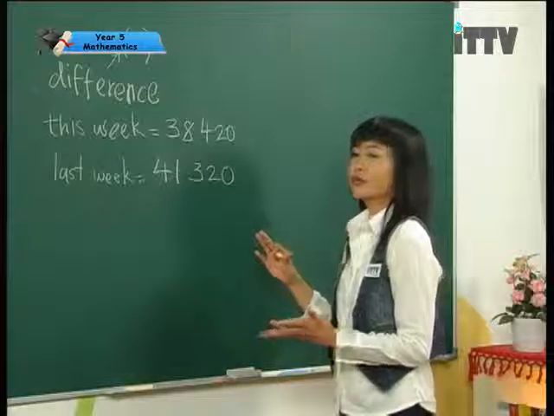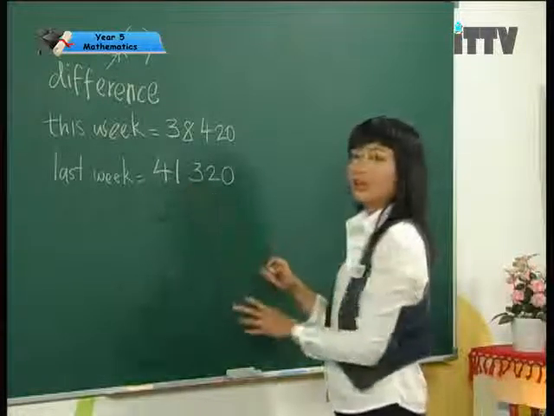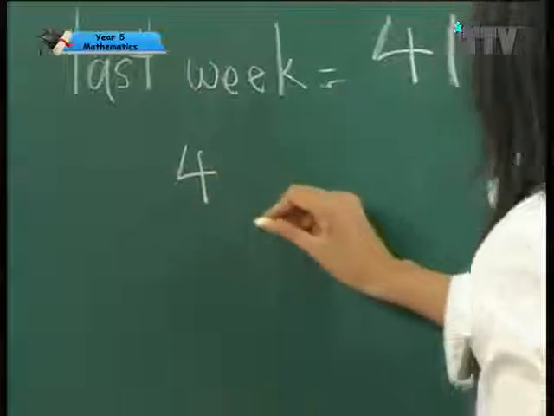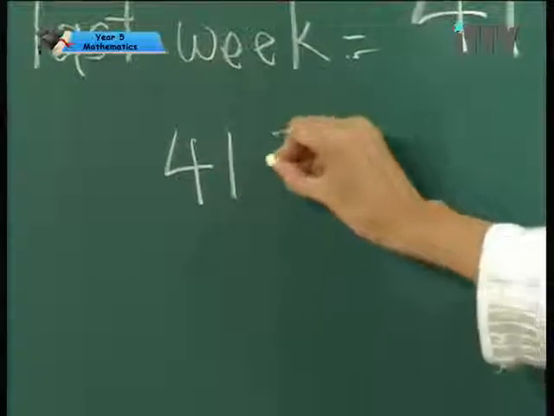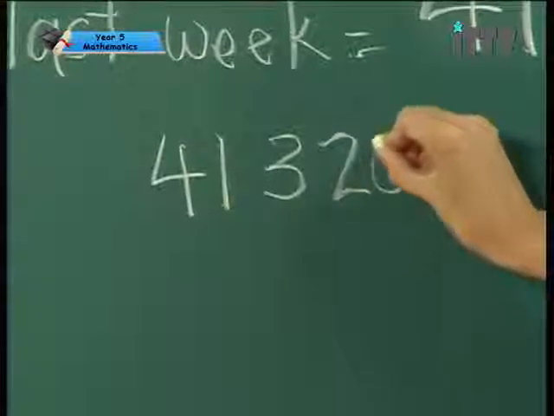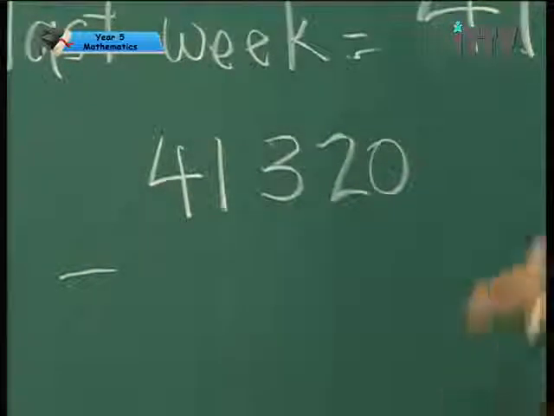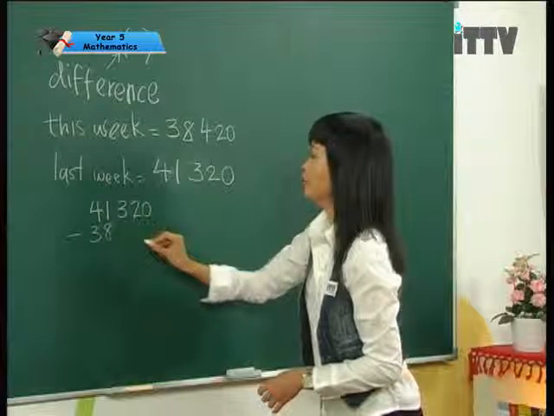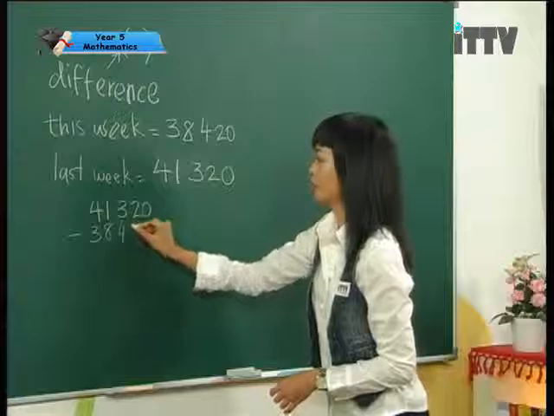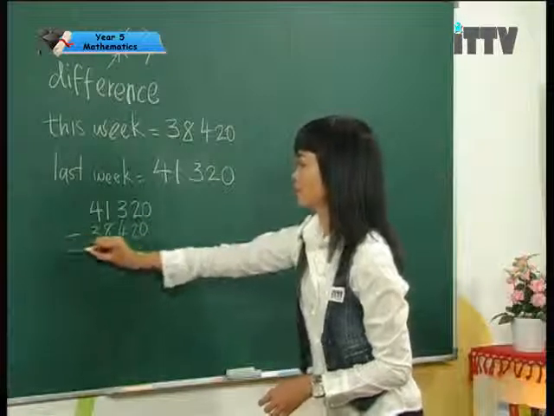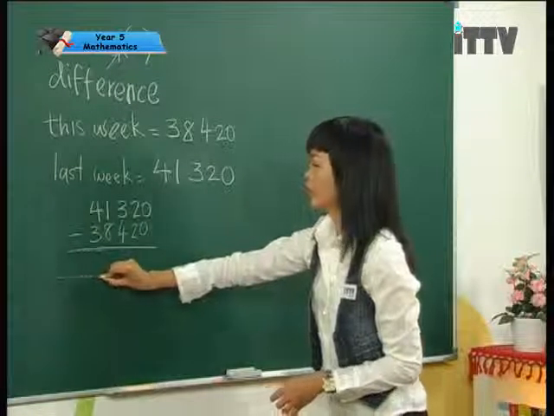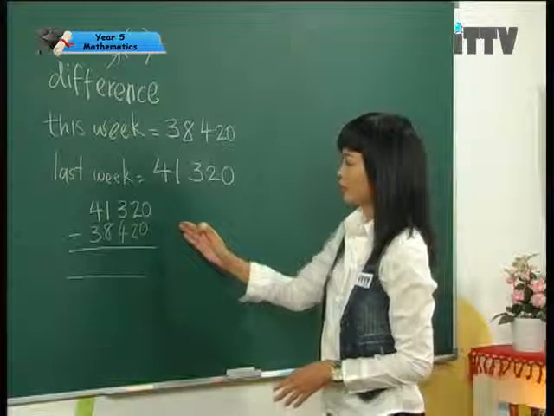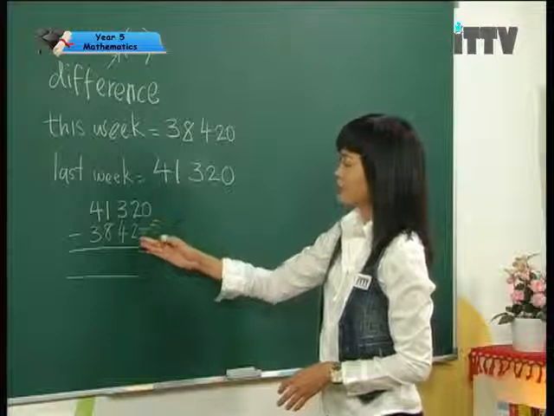Now to subtract, we need a bigger number at the top in vertical form. So 41,320 minus what's produced this week? 38,420. Let's check if we've gotten the numbers correctly, written at the right places.